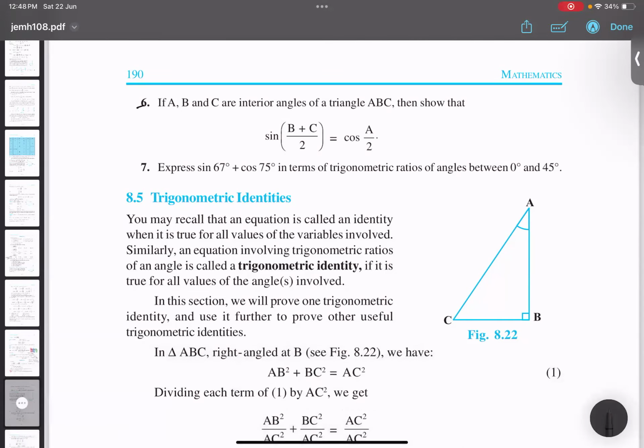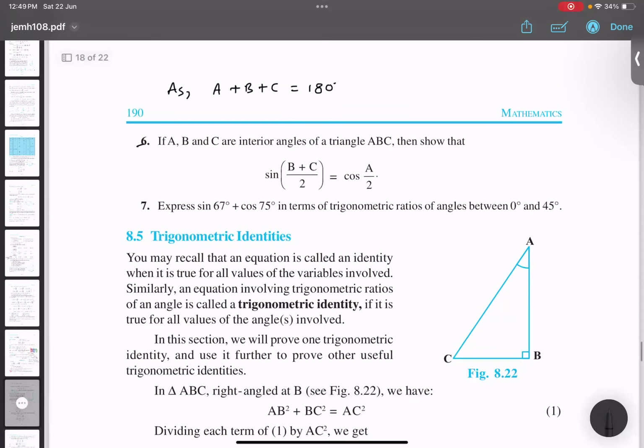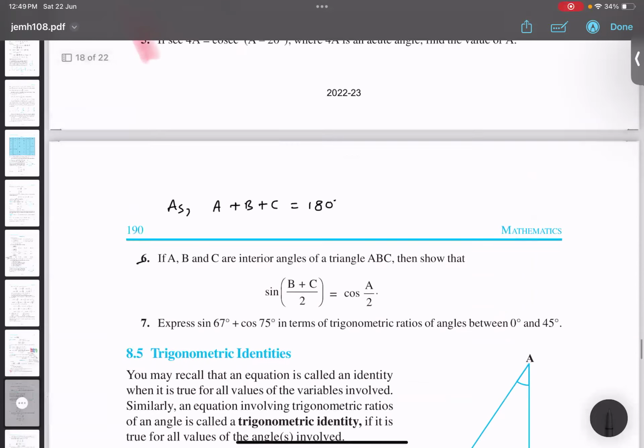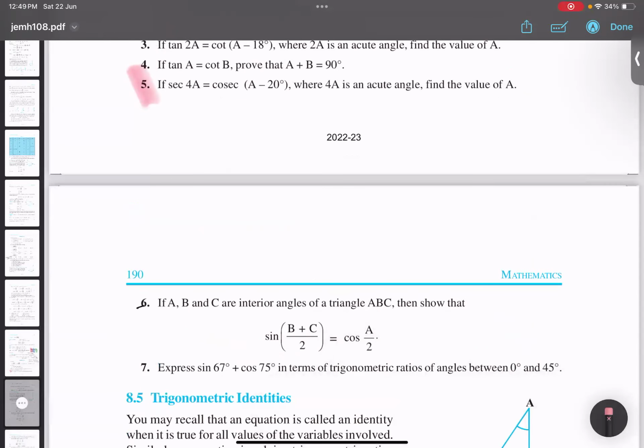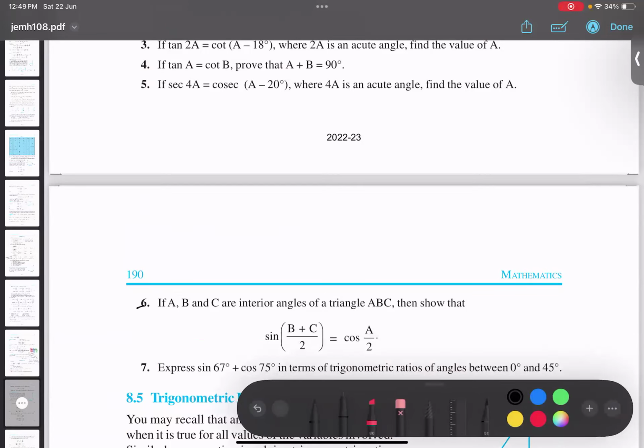So can I write A plus B plus C equals 180 degrees? Can I write like this? Yes. I'll just take some space from the top. As A plus B plus C equals 180 degrees.